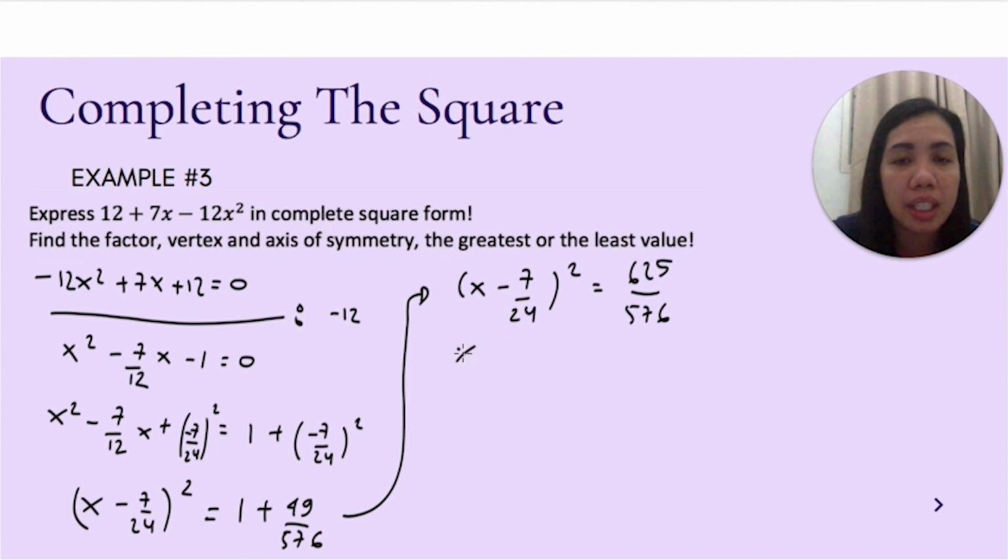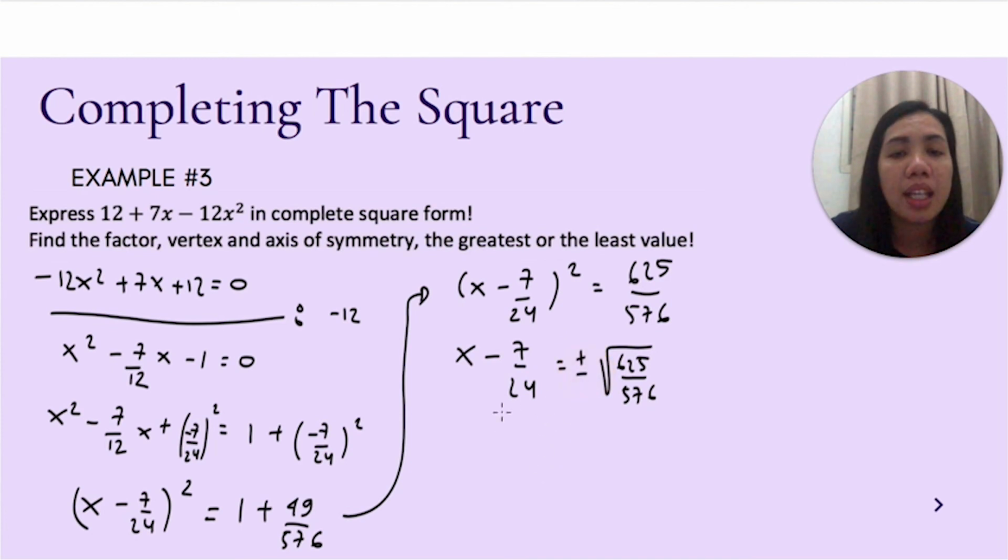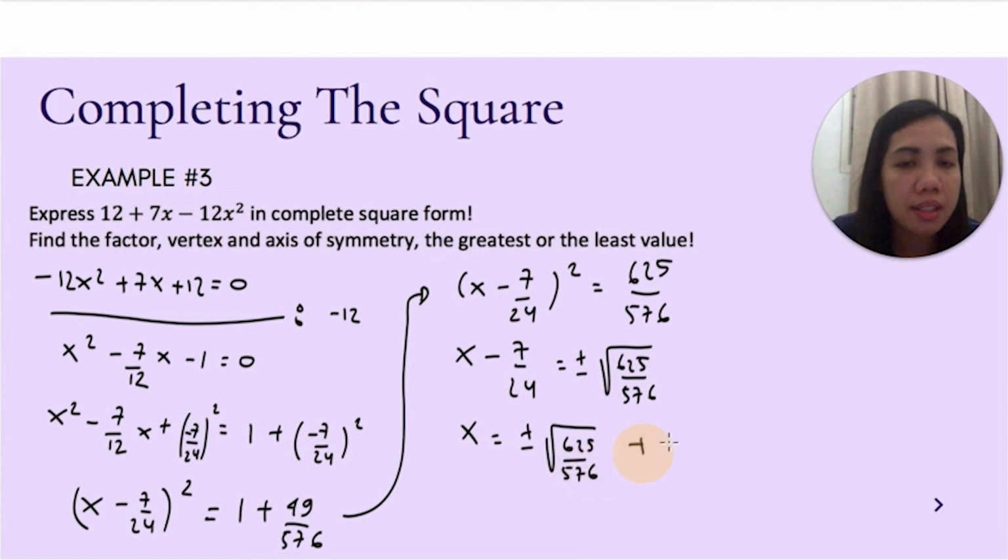So in here, x - 7/24, and then here the square root of 625 over 576. Don't forget to put a plus or minus sign here. And after that, we just need to move this to the left side. So x equals plus or minus the square root of 625 over 576, plus 7/24.